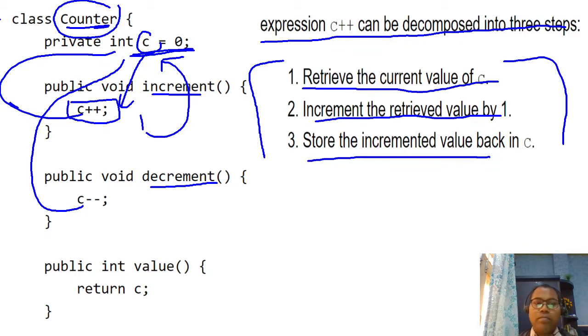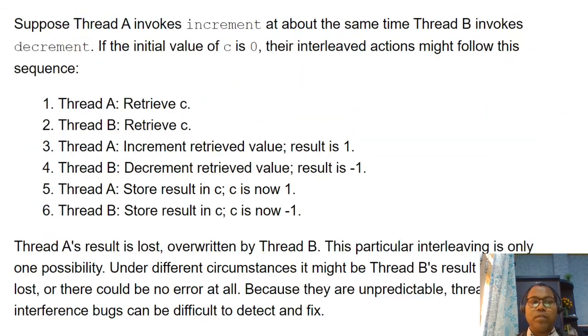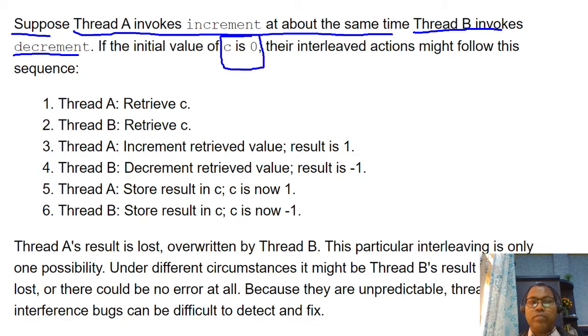When multiple threads access the same method at the same time, all doing the same increment operation, that is the kind of interleaving problem. Suppose thread A invokes increment and at the same time thread B invokes decrement. You have a counter variable c with initial value 0. Thread A gets a chance and retrieves value 0.